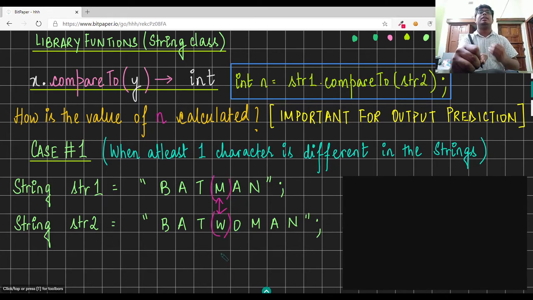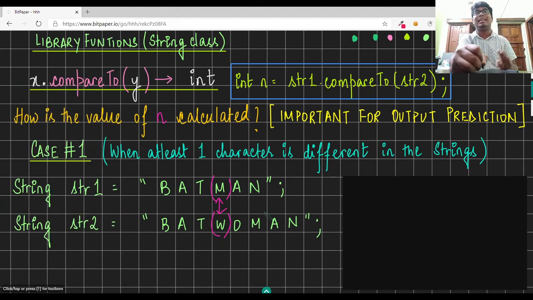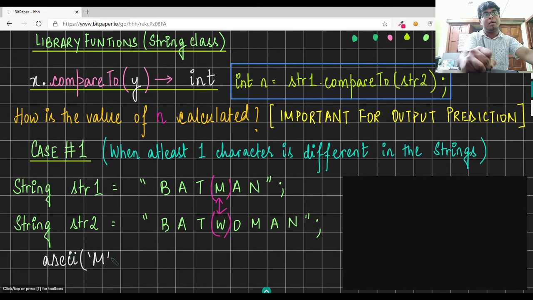All right. Now, what would compareTo do in this case? compareTo would subtract the ASCII of these two characters. So, the ASCII of W would be subtracted from the ASCII of M.